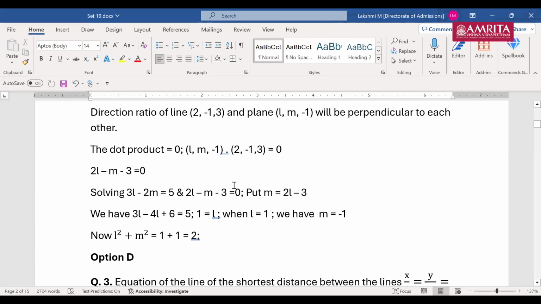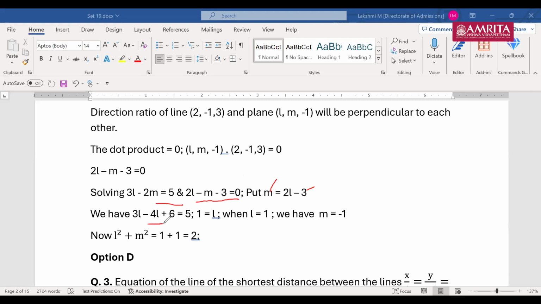You could just solve this and find the values of l and m by substituting. Here it's 3l minus 2m equal to 5 and here it's 2 minus m minus 3 equal to 0. So I've substituted for m as minus 1 minus l.